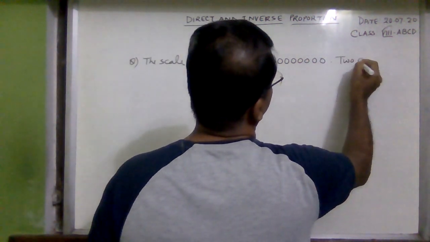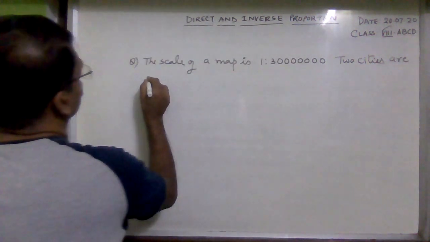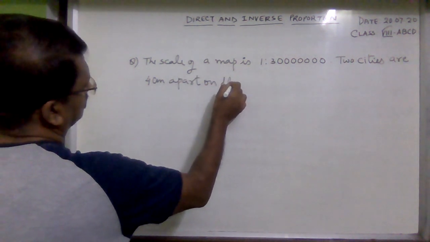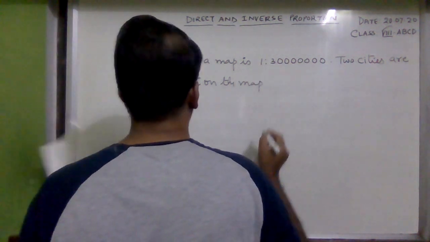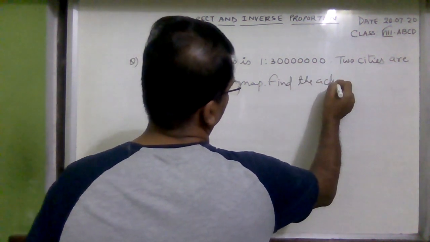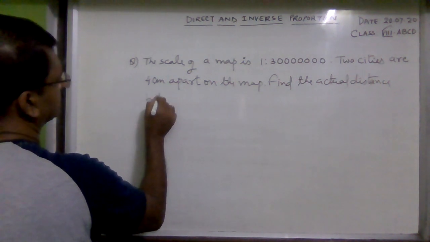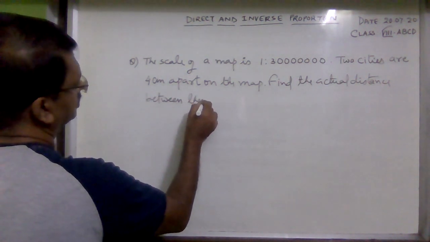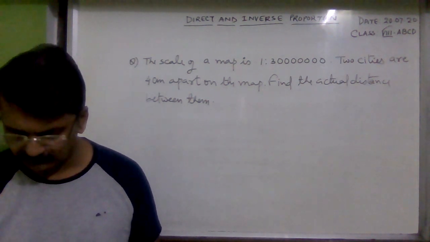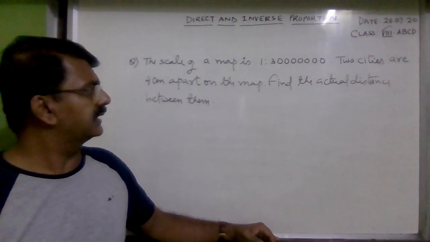Two cities are 4 centimeters apart on the map. Find the actual distance between them.